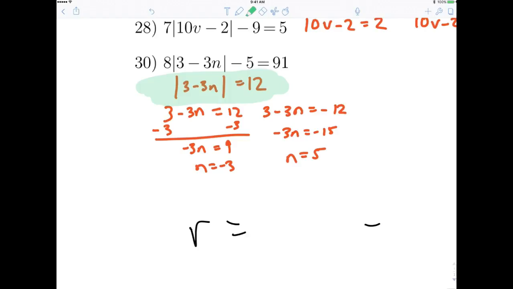Where is 3n equals 15? On the right. That's negative 3n equals negative 15. Yeah, but I don't get how you got to 15. I mean, how do you get to negative 12? Because once I isolated the absolute value, I set it equal to 12, and I set it equal to negative 12.